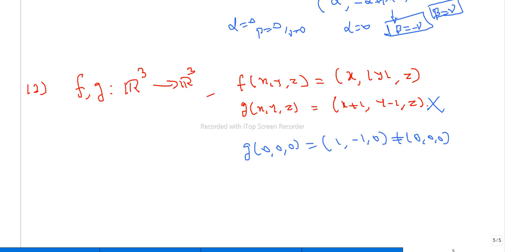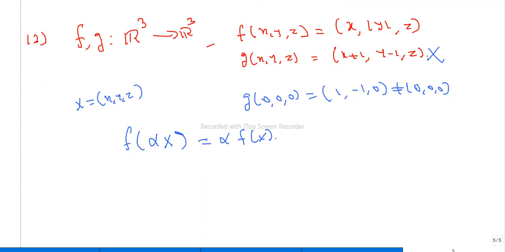So if we take f of alpha times capital X, where capital X means this 3-tuple (x, y, z), if it is linear, then it satisfies this property. Now specifically we take alpha equal to minus 2, and take x equal to (1, 2, 3).